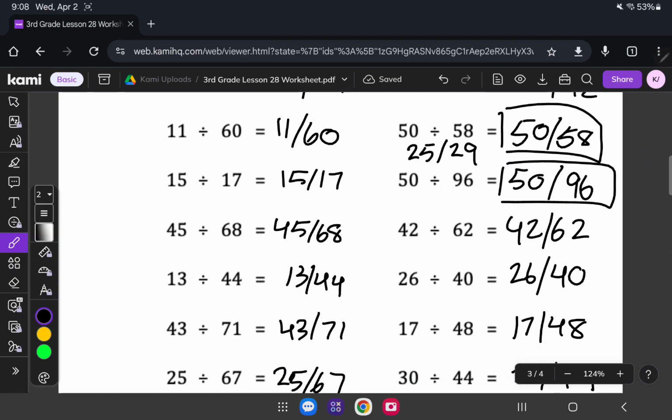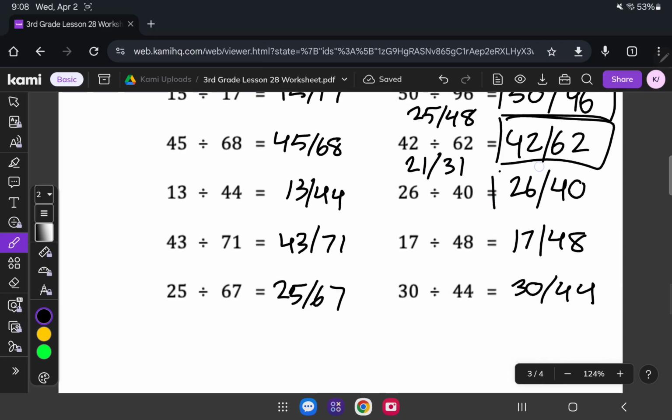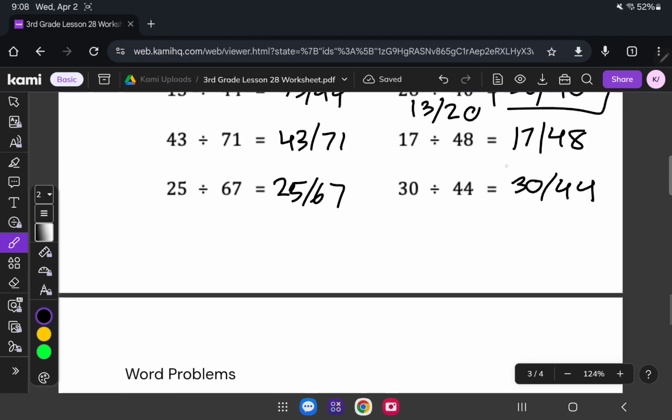This one, which would be 25 over 48. This one, which would be 21 over 31. This one, which would be 13 over 20. And this one, which would be 15 over 22.